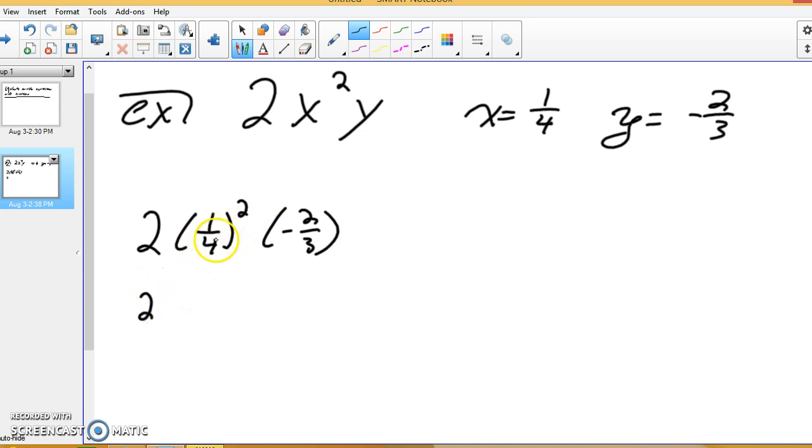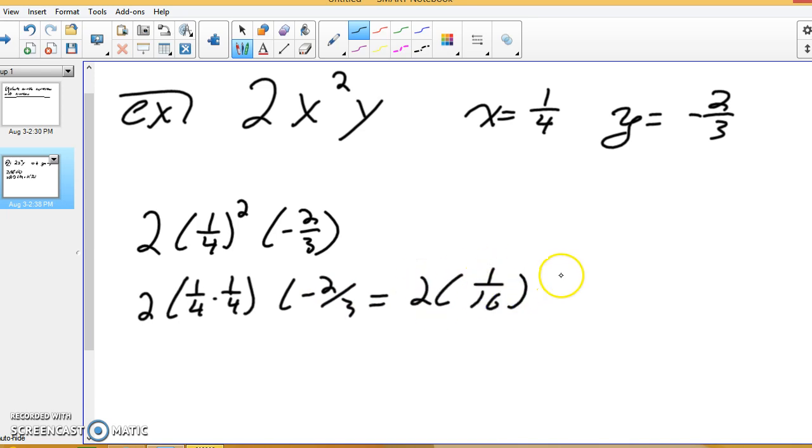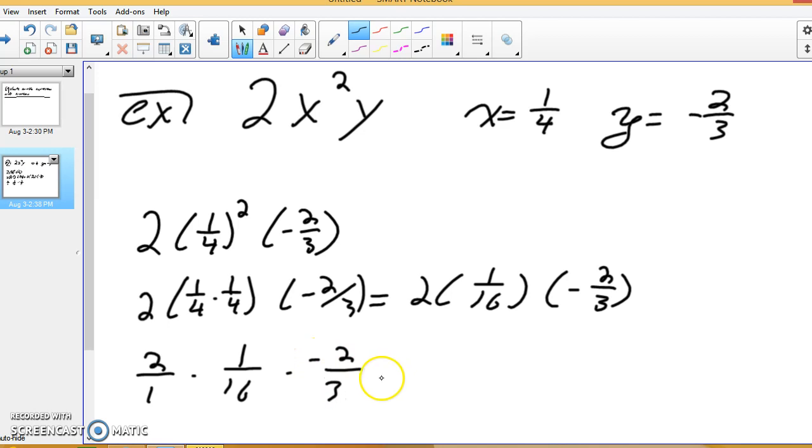Well, 1/4 times 1/4, because that's 1/4 squared, is equal to 1/16, multiplied by negative 2/3. Now from here, it is just multiplying straight across, so we can go 2/1 multiplied by 1/16 multiplied by a negative 2/3.